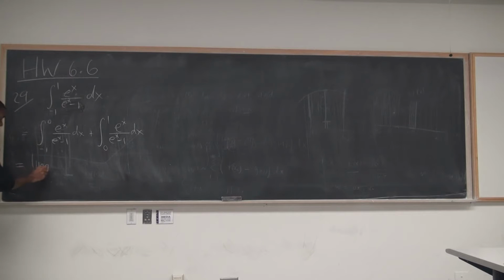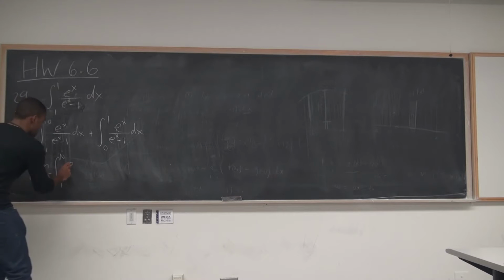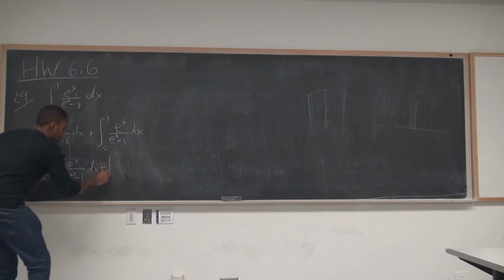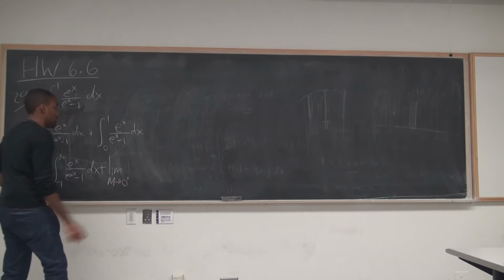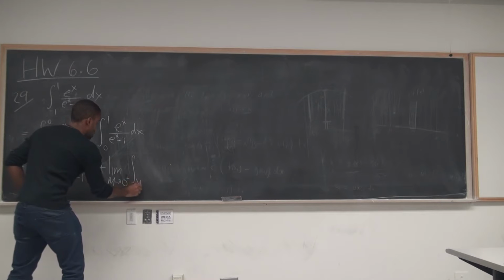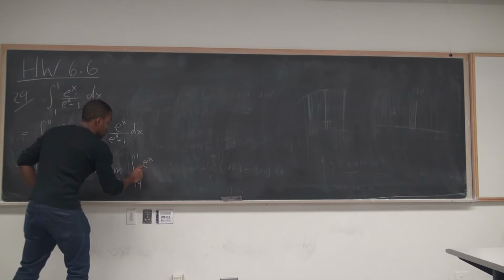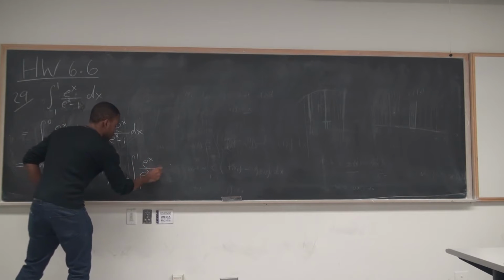So here you have the limit as, say, n approaches 0, -1 to n. And of course here we're approaching 0 from the left side. Plus the limit as m approaches 0 from the right side of m to 1, e to the x over e to the x minus 1 dx.